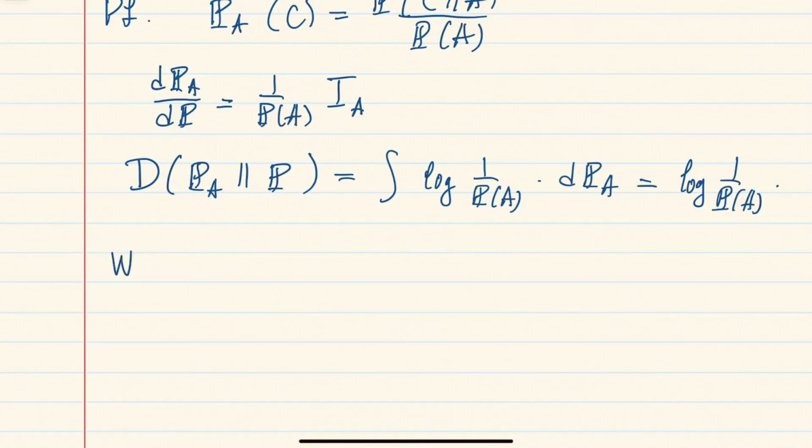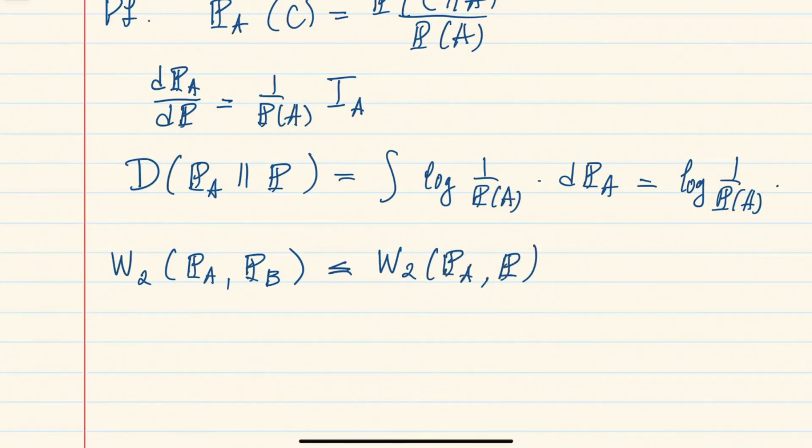We'll consider the Wasserstein distance between the conditional probability P_A and conditional probability P_B. First we use the fact that this W2 is a metric, so you can apply the triangle inequality. So you can look at the distance to the Gaussian P.